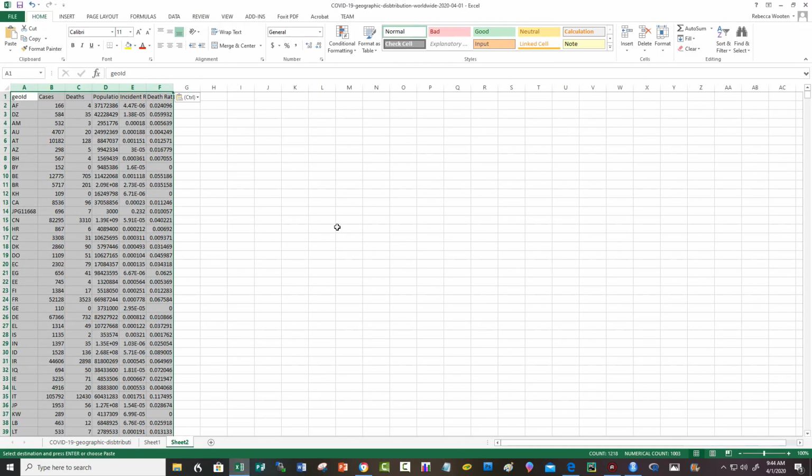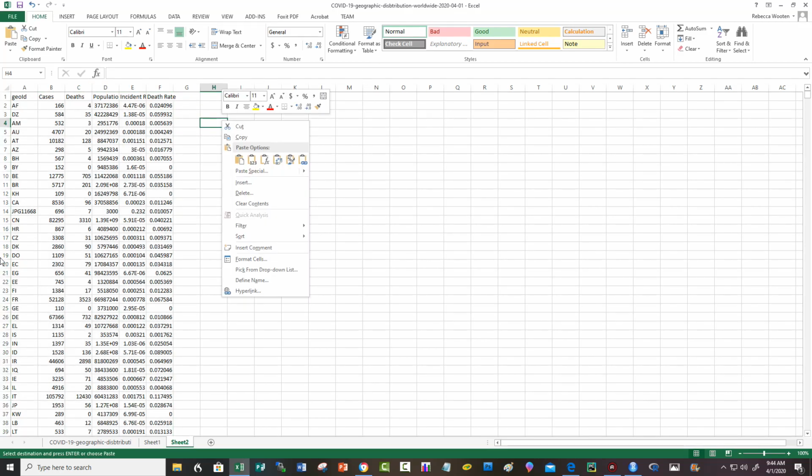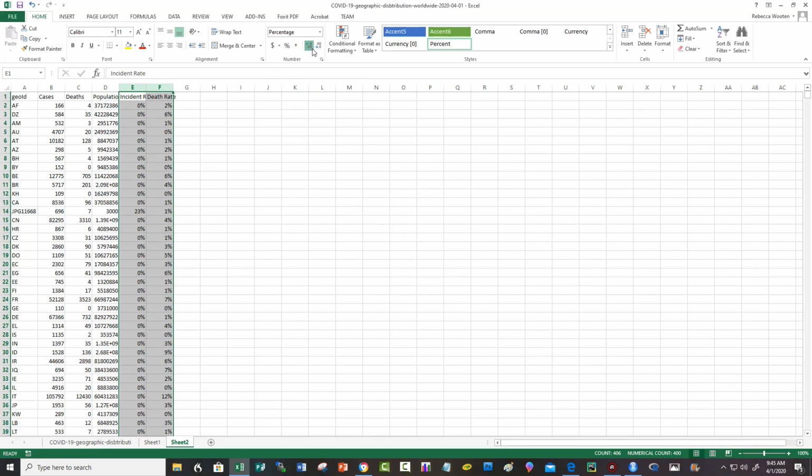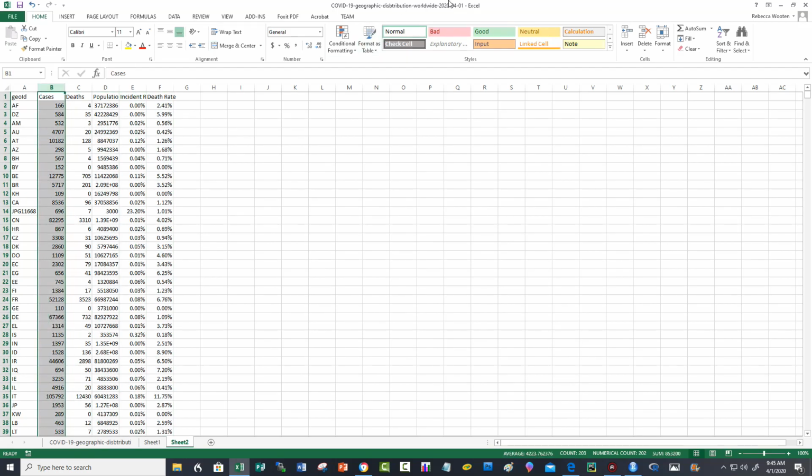All right, so now that I have this in its uncoded form, I really did want to keep the format of percentages, and I would like to show some decimals. All right, let's see what happens when we do this. I'm going to sort by cases.